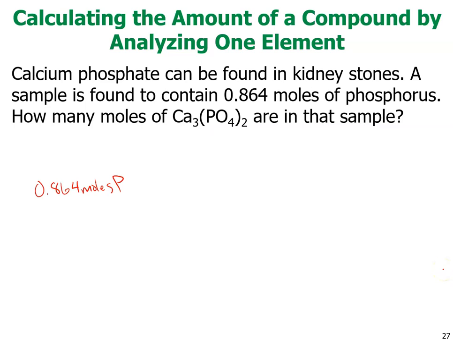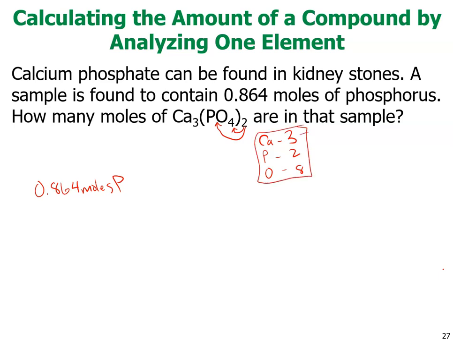So now we actually have to do some accounting. Calcium, we have 3. Remember, we have to multiply this through like a mathematical equation. So phosphorus, we have 2 of those. Oxygen, we have 8 of those. So these are going to provide us that ratio.